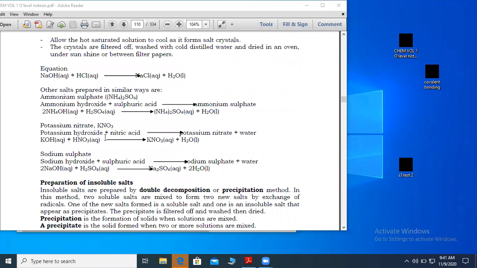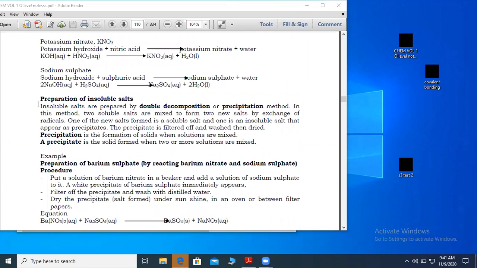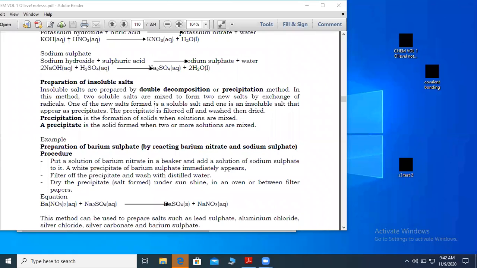Allow me to remind you something about insoluble salts. Insoluble salts, we said they are prepared by double decomposition. But take note, when you are preparing an insoluble salt, you use two salts which are soluble. You react two salts which are soluble in water to get an insoluble salt.